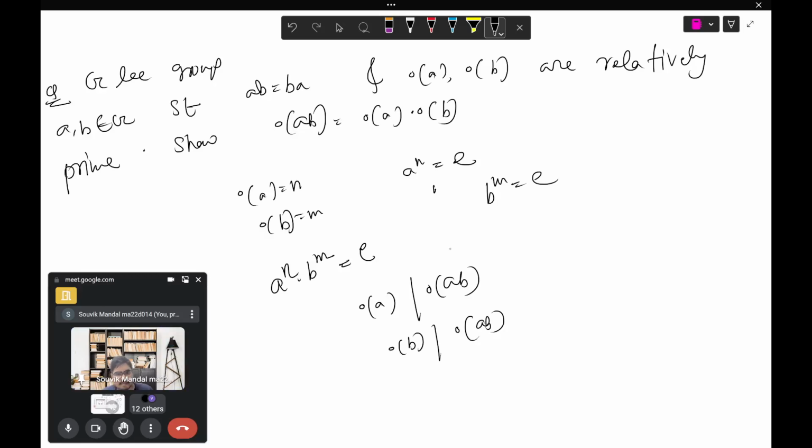So the order of AB is the smallest positive integer that both the order of A and the order of B divide. And the GCD of the order of A and the order of B is 1, which implies the order of AB is the order of A into the order of B.